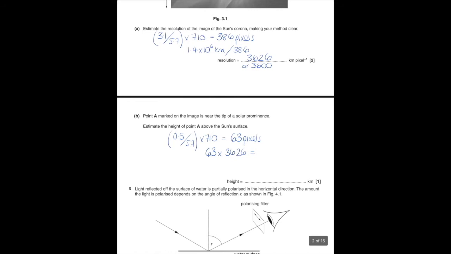And when I do that, I end up with a value of 5829, okay, or very roughly 226,000 kilometers. Okay, now again, your answer will vary slightly depending on the measurements that you took, but anything between 170,000 and 280,000 is fully creditable as long as you can show this working.